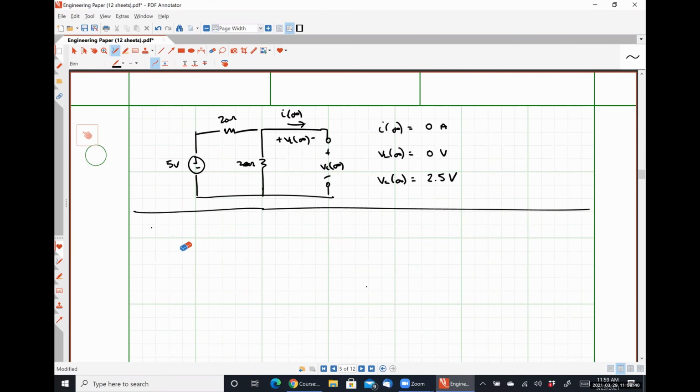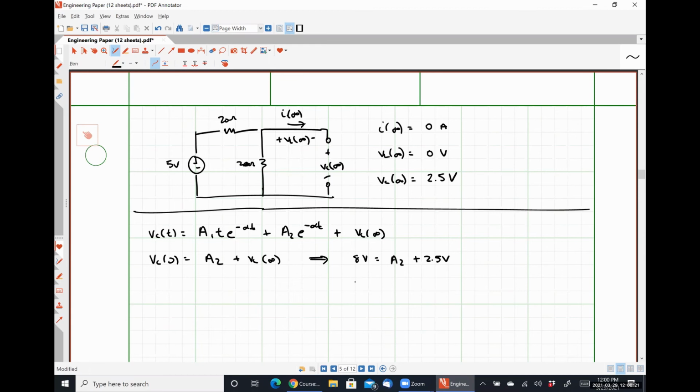So we're going to have practically the exact same thing. Vc of T will be A1 T e to the minus alpha T plus A2 e to the minus alpha T plus Vc at infinity, which means at 0, Vc of 0 is A2 plus Vc at infinity, which gives us 8 volts is equal to A2 plus 2.5 volts.